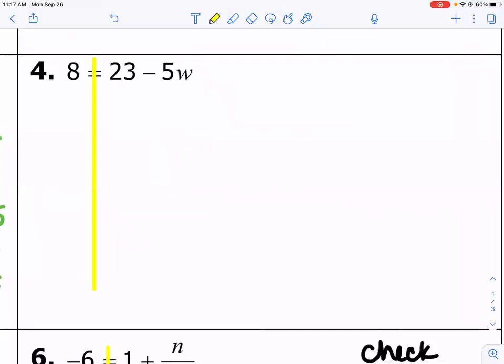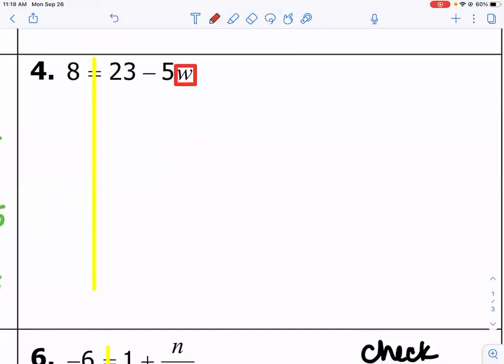Okay, so here we have 23 minus 5W. This minus 5 is attached to W through multiplication. But this is what is weird. Raise your hand if you know how to move 23 to the other side. Jada?